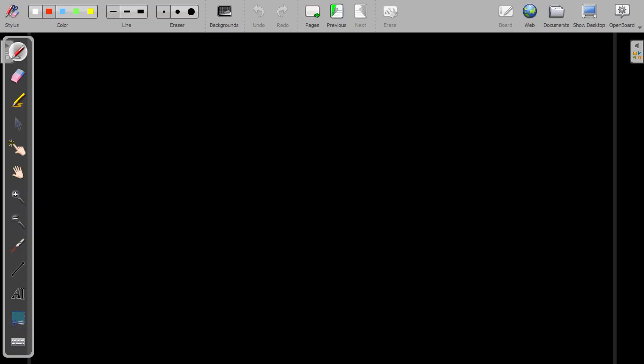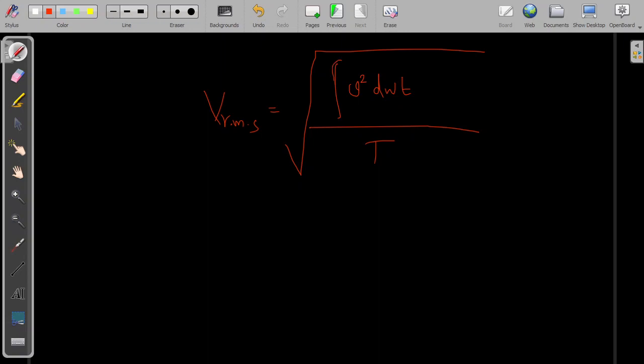The RMS value of voltage, V RMS, is equal to the square root of the integral of V square d omega t divided by the length of one cycle, that is capital T. Yes, this is our formula.